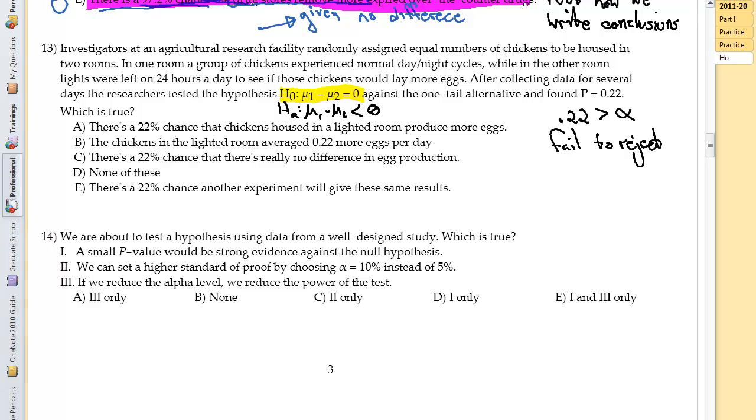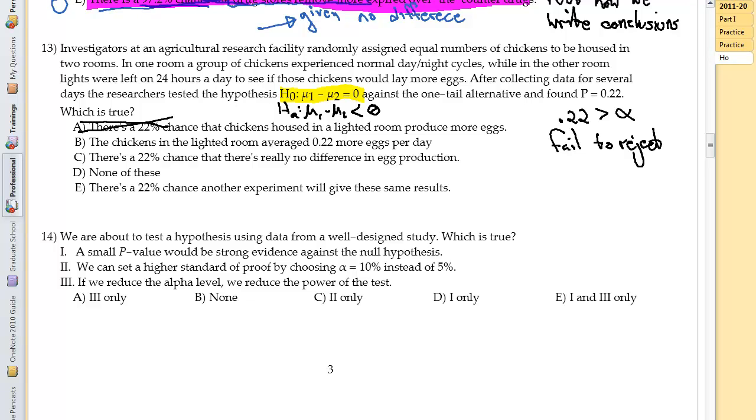We're looking for some sort of a correctly written conclusion for 13. All right? There is a 22% chance that chickens housed in lighted rooms produce more eggs. Well, that's not what that means, okay? There's a 22% chance that we would observe this difference in means, given the null hypothesis is true.